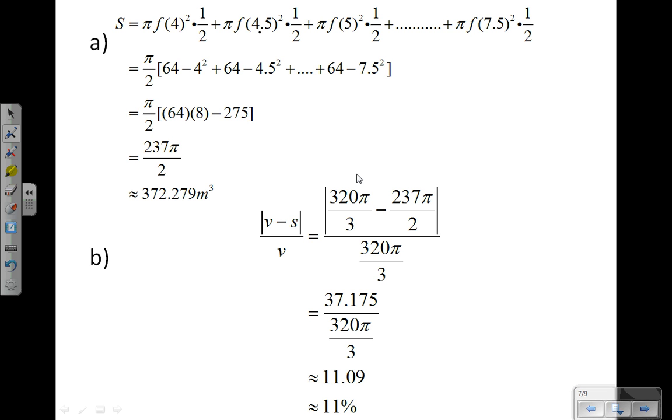So they flat out told us what the exact volume is, and if I subtract what I'm getting from part A as my estimate, absolute value, our estimate is actually going to be a little bit too big, right? So this number is bigger than that number, and then divide by the total volume that they gave me, I'll get a percent.